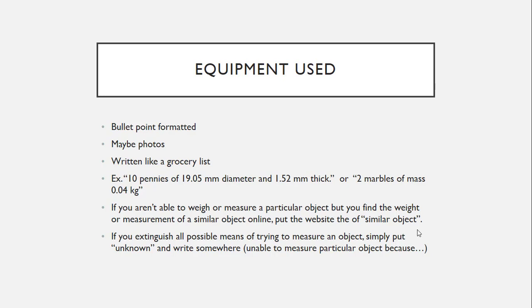However, there are some things you can follow. If you're unable to weigh or measure a particular object or a process, find the weight or measurement of the object online maybe. But if you do find it online, put the website that you used, for maybe it's a similar object. If you exhaust all possible means of trying to measure an object, simply put unknown and write somewhere unable to measure particular object or process.